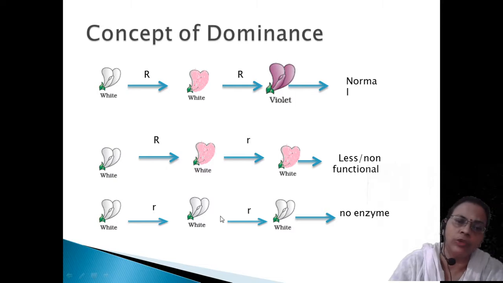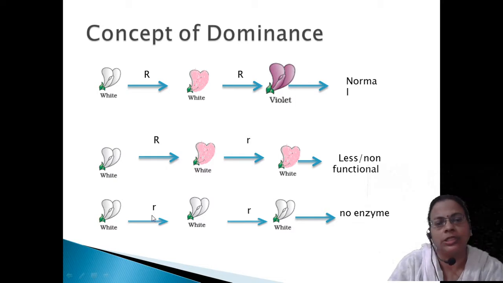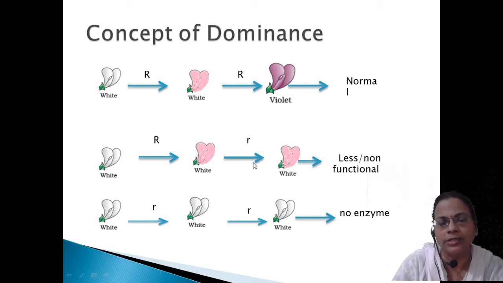And if both of them are recessive, it cannot produce the color pigment because the enzyme is absent. So the dominance mainly depends on the presence of the normal allele, as a result of which the normal enzyme will be produced. If one allele is recessive, they can produce only less or non-functional enzyme.